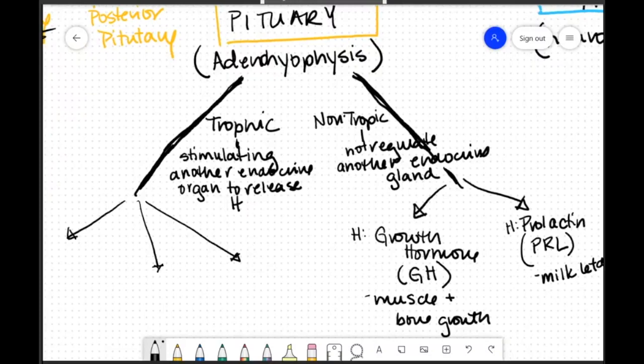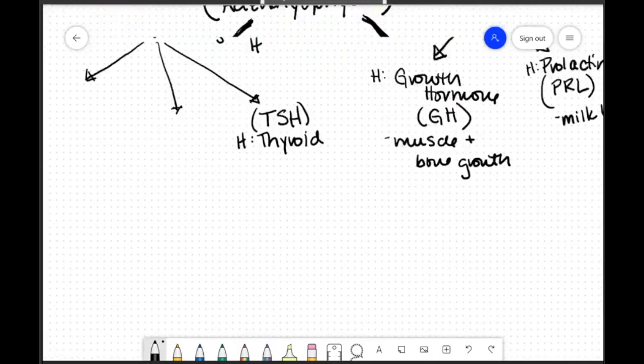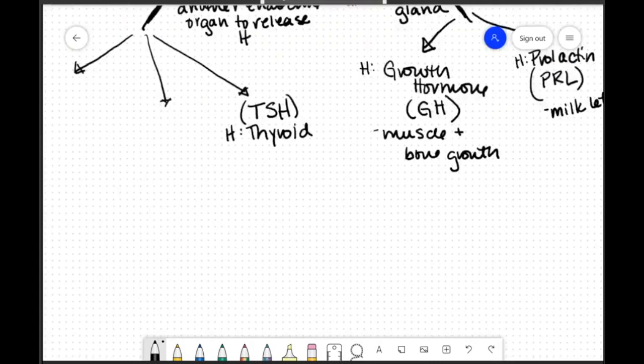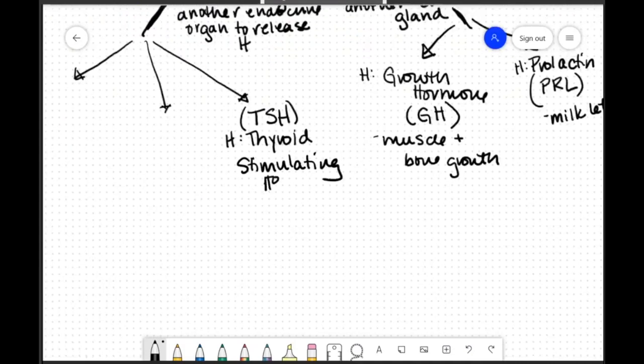The first hormone is TSH, which stands for thyroid stimulating hormone.